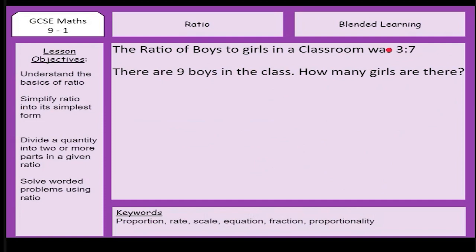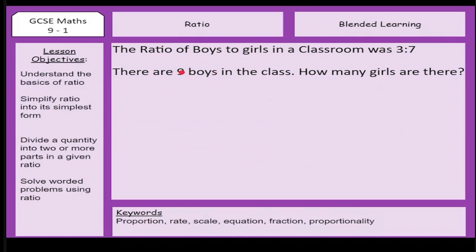Not this time. Read the question. There are 9 boys in the class. So remember the ratio of boys to girls here is 3 boys for every 7 girls. So I know these 3 boys equal 9. 3 parts of boys equals 9 boys in total.